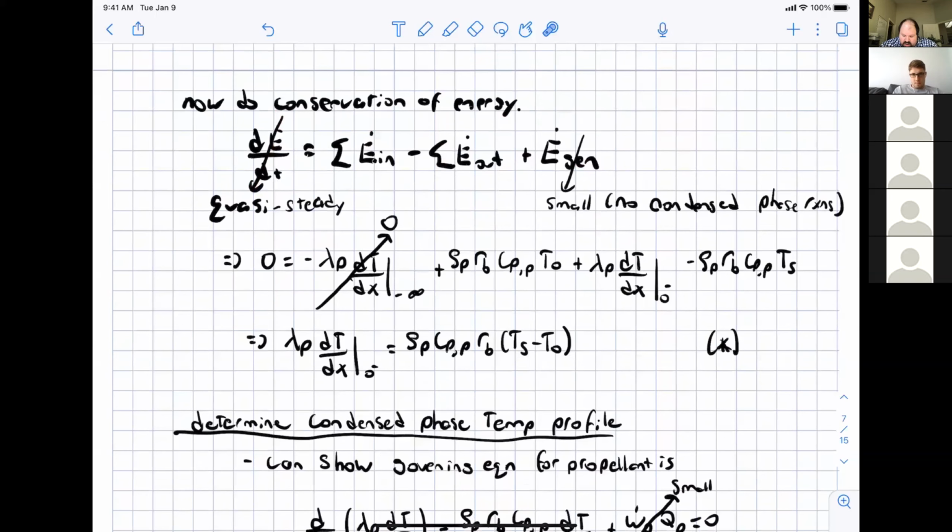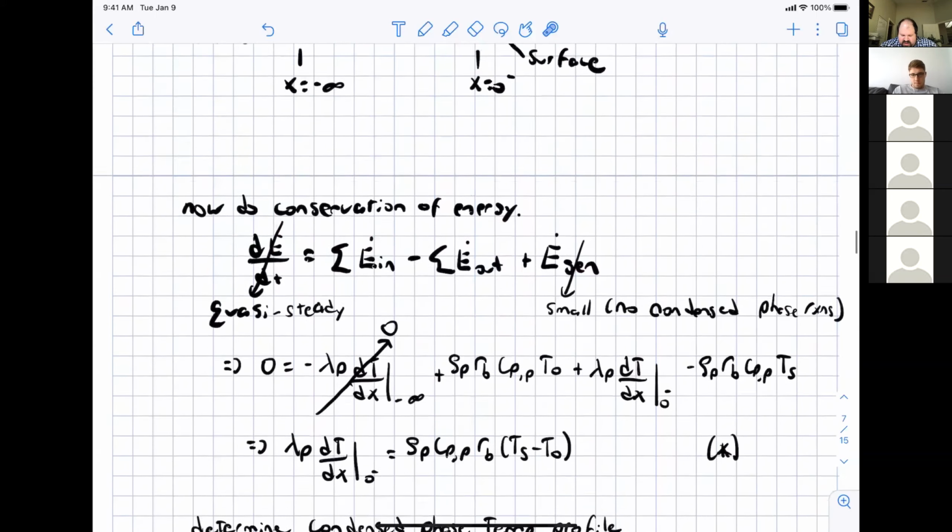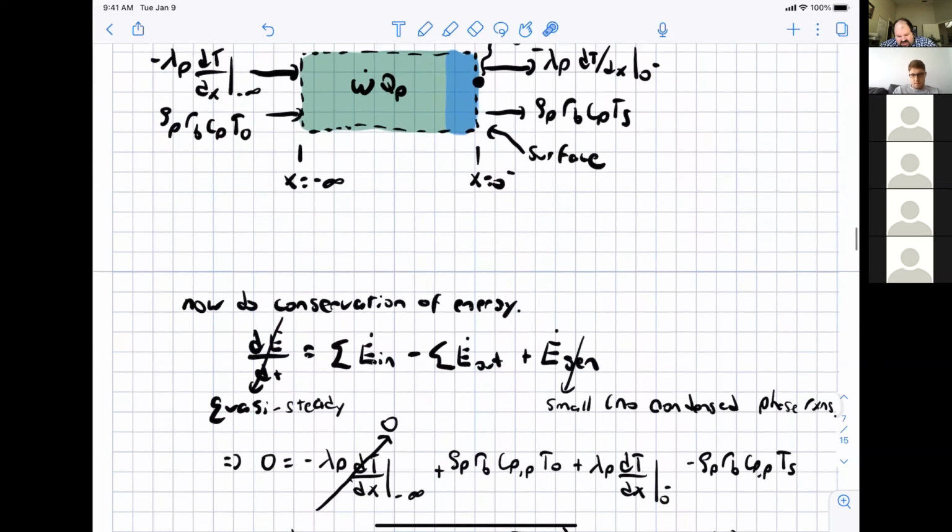And we argue that this point here is at x equals minus infinity. What do you think the temperature gradient will be at x equals minus infinity? Far, far, far away from the surface. 0. Yep, it has to be 0.